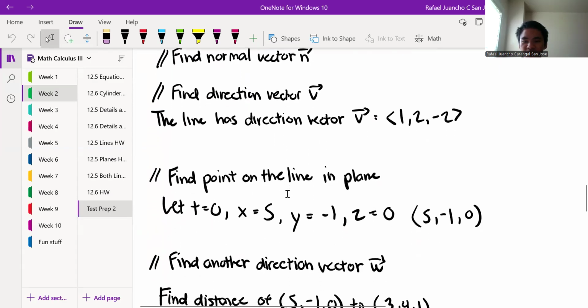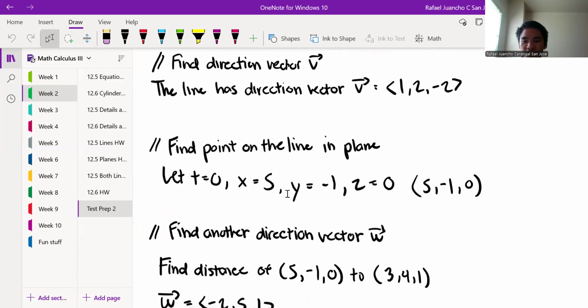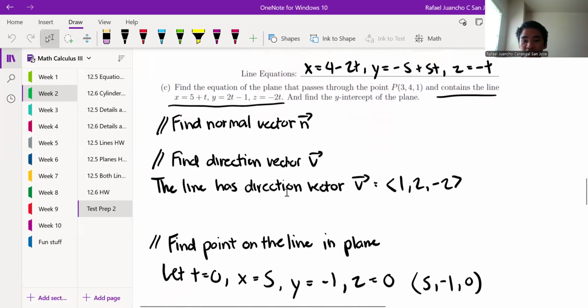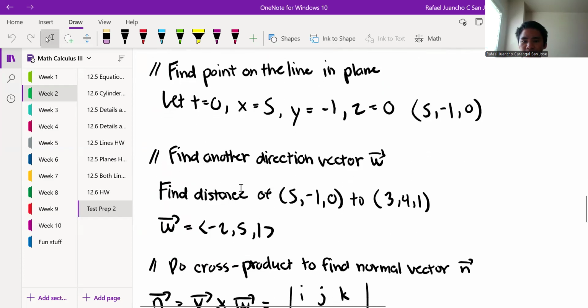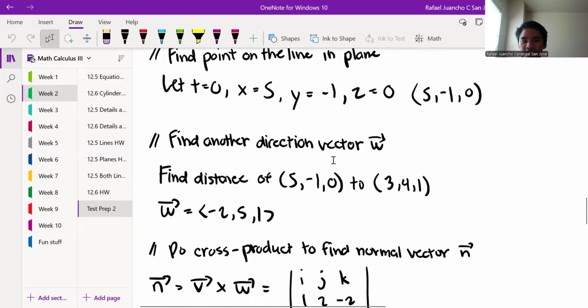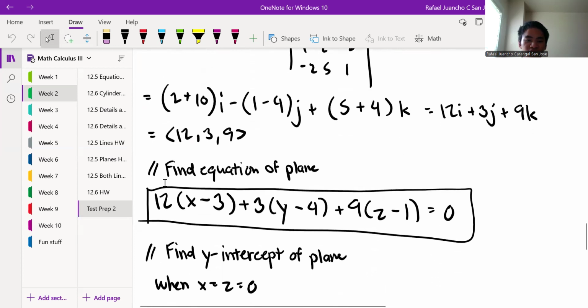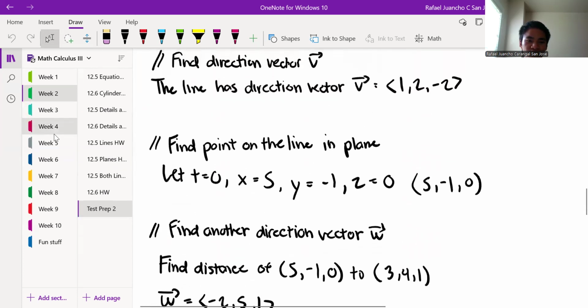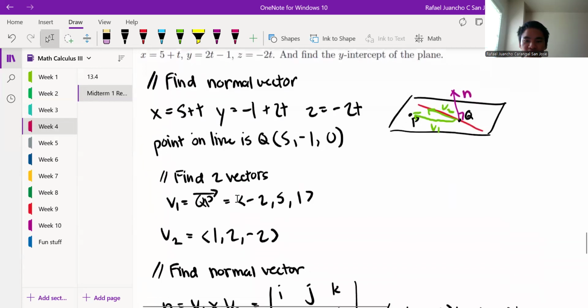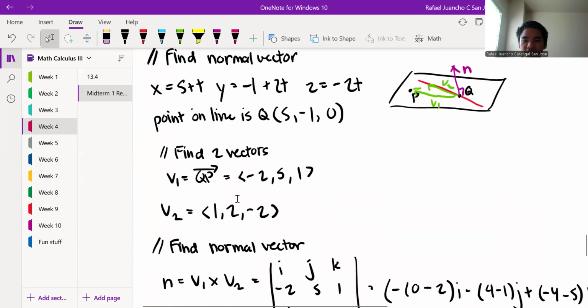And I need to find a point on the line in the plane. Oh, so I did actually a bit differently here. Then I find another direction vector w. Then I get their cross product and I get that. So that's the idea. I need two vectors and get their cross product.